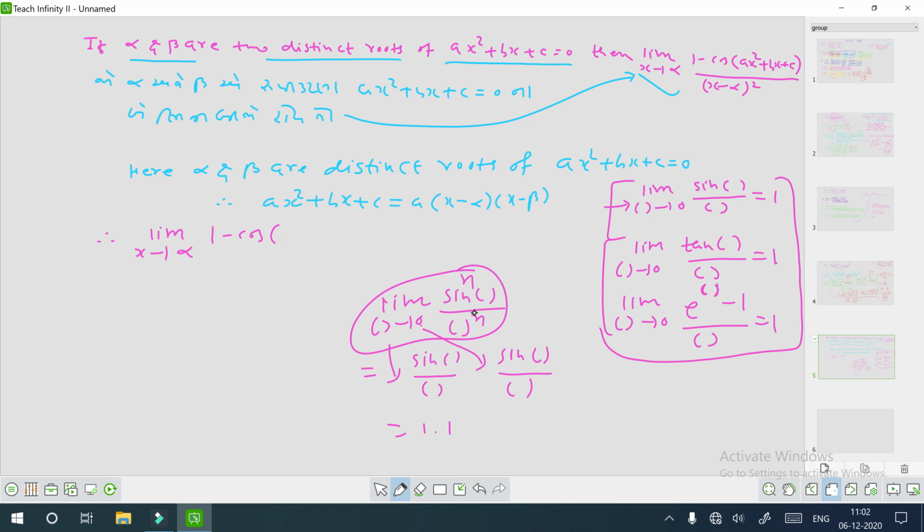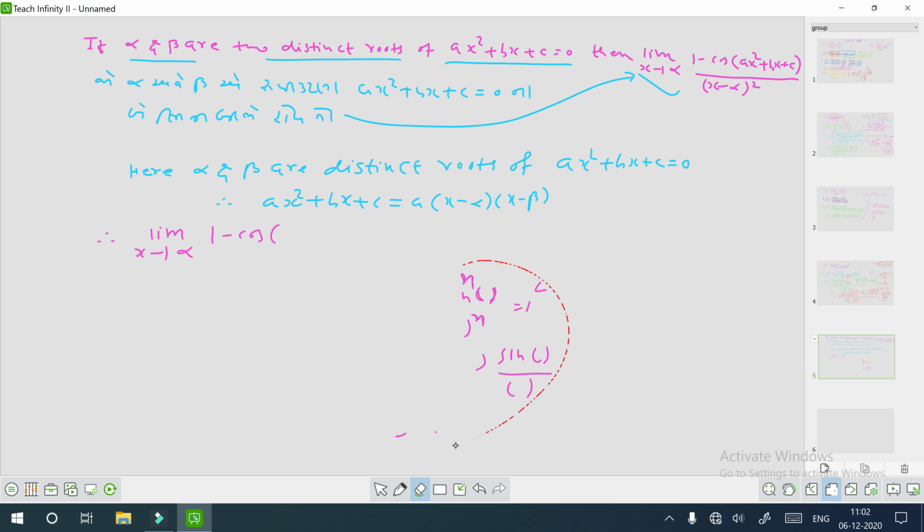The limit of sine of some function over that function, raised to n, is also 1. It is a repeated application of the standard forms. I would like to use this standard form here. And one more thing. See, let us see.